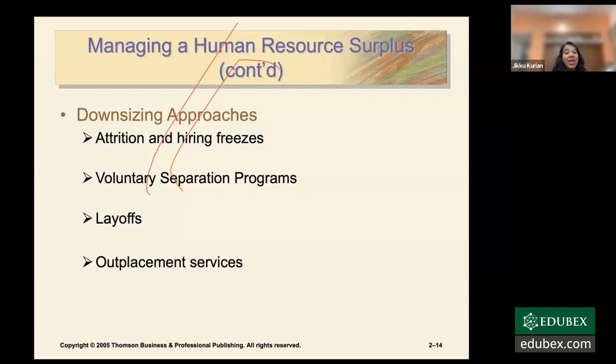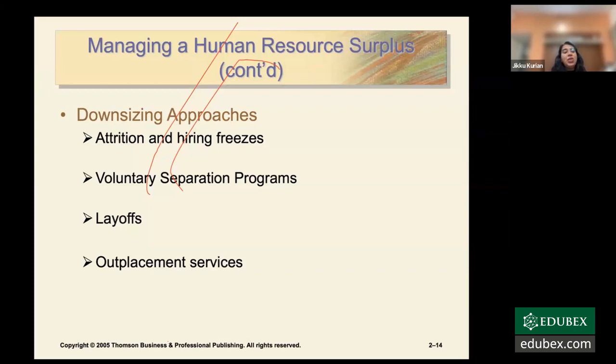Even then, if we are not reaching the targeted numbers, we may go for voluntary separation programs offered to the employees. These programs will mostly come with a lot of benefits. They will get some bulk amount which the organization offers them, and they can take that amount and leave the organization. Then layoffs.